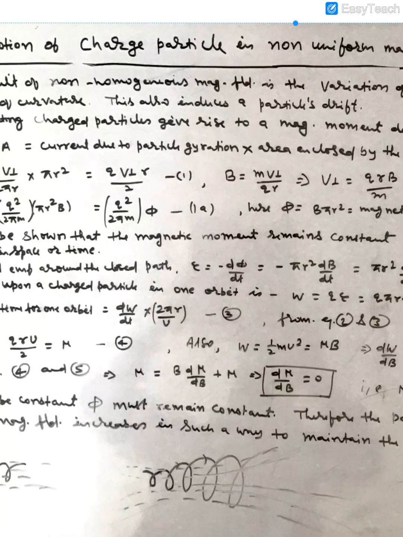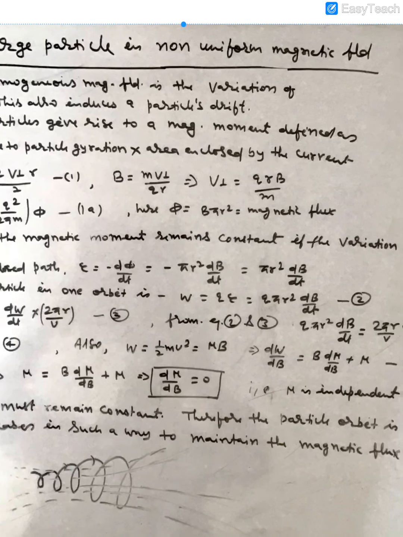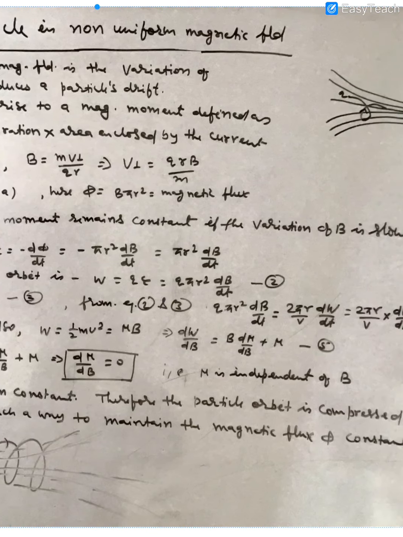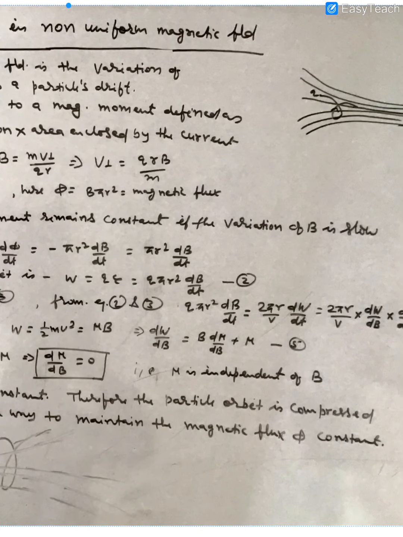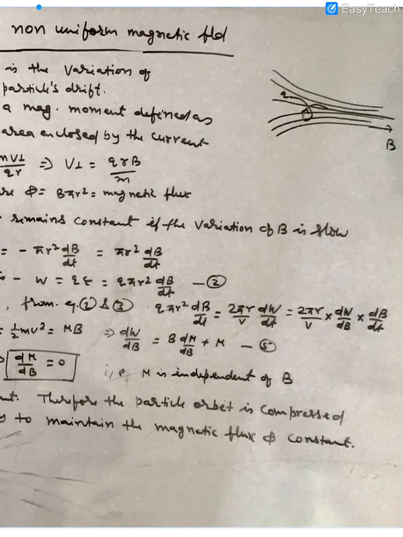and using both equations, equation 2 and 3, we will have two expressions of work done, and by equating both expressions here, dW upon dt has been written as dW upon dB into dB upon dt.